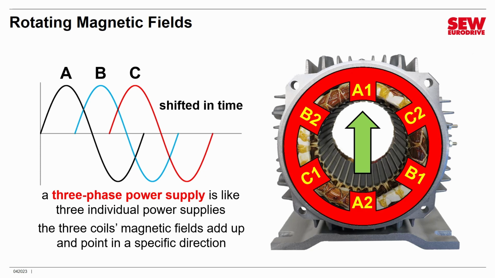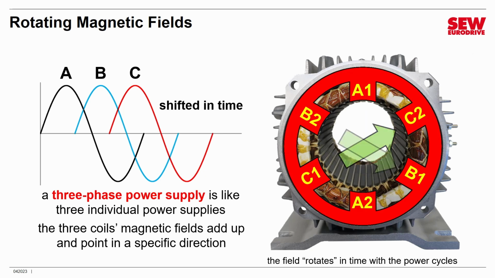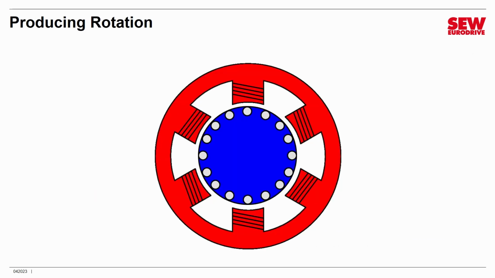And what happens is that field appears to turn, sort of like this. The field rotates in time with the power cycles, and it goes around inside the stator. So that rotating magnetic field is really the key to how an AC induction motor works. It was actually a very important discovery, and it just revolutionized the use of motors in industry.